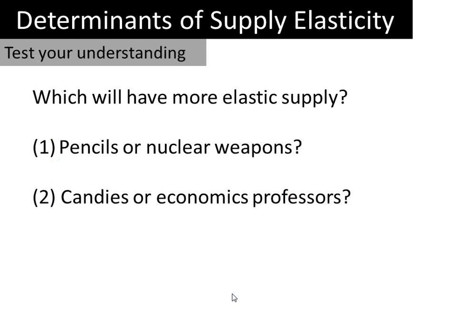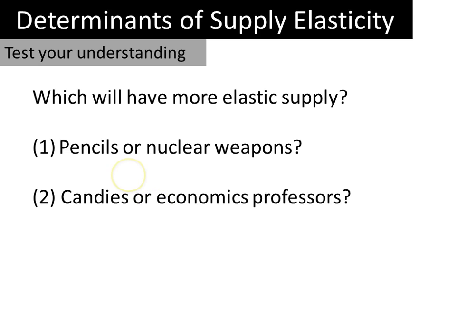Now let's test your understanding. Which good among these two is going to have higher supply elasticity, pencils or nuclear weapons? We don't see a lot of problem increasing the supply of pencils. The inputs that go into making pencils, wood and graphite, are easily available, and therefore pencil production can be increased without too big an increase in costs.